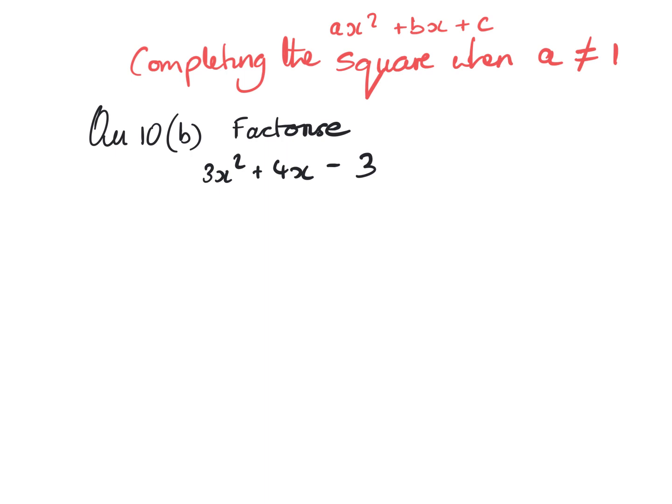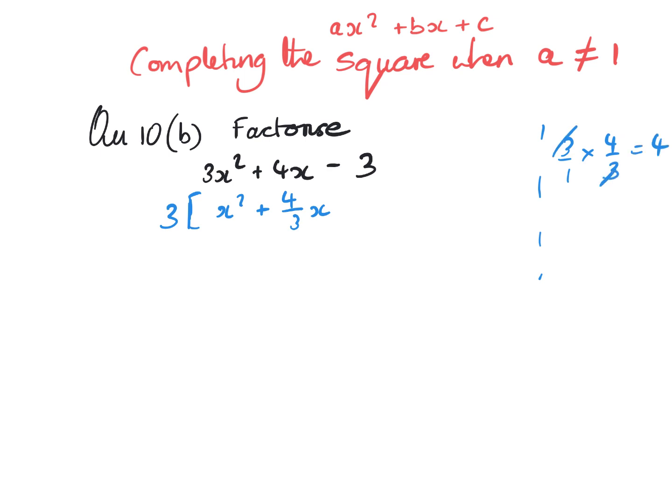Well, in fact, we still take it out as a common factor. So what's going to happen here is if you take the 3 out the front, you're left with x squared plus, now that becomes 4 on 3x when you take 3 out as a common factor. If you were to multiply that back out again, 3 on 1 times 4 on 3, you'd end up back with 4.